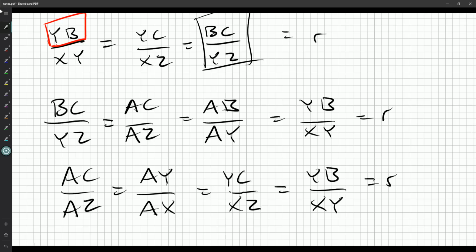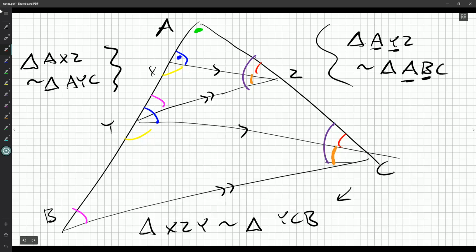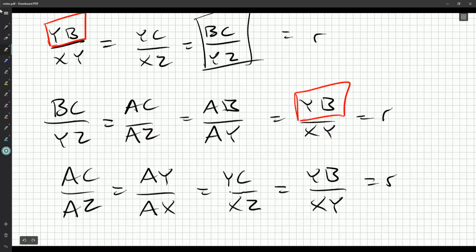Okay, so I need to keep an eye on YB, and I need it in terms of the lengths that I know, AX and XY, and also AY is something I know, it's 28.